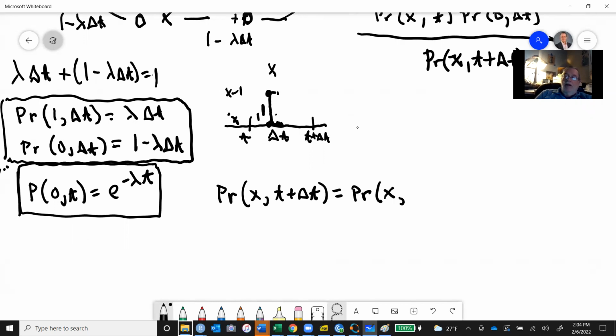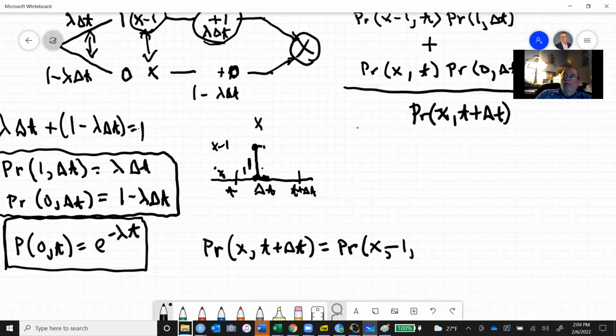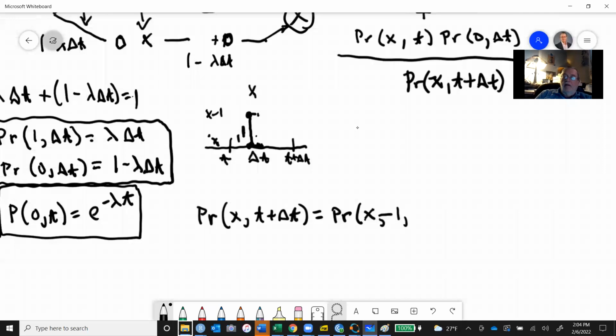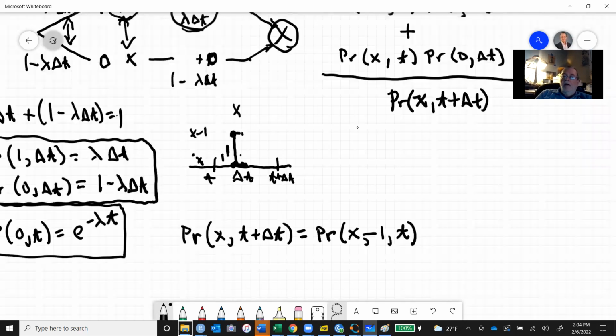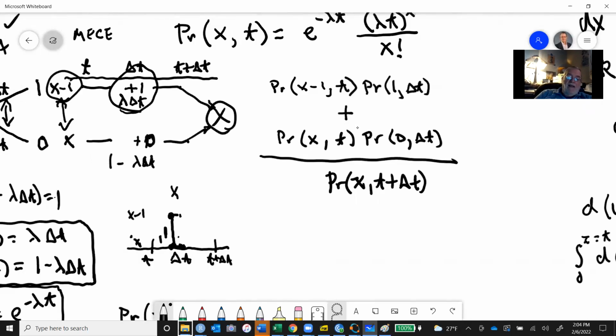I think I had x minus 1 up there, at t, times that's lambda delta t.